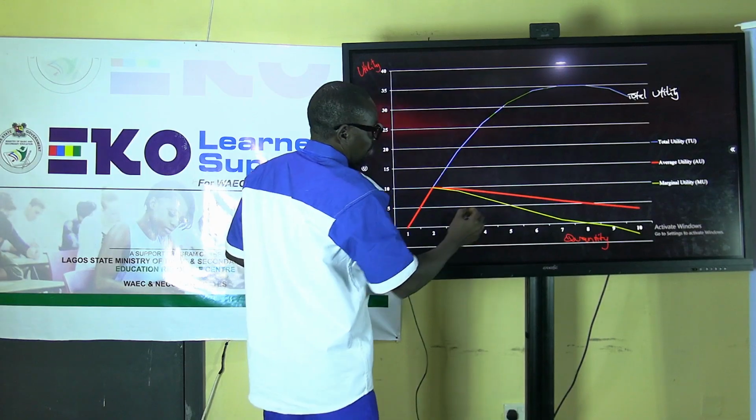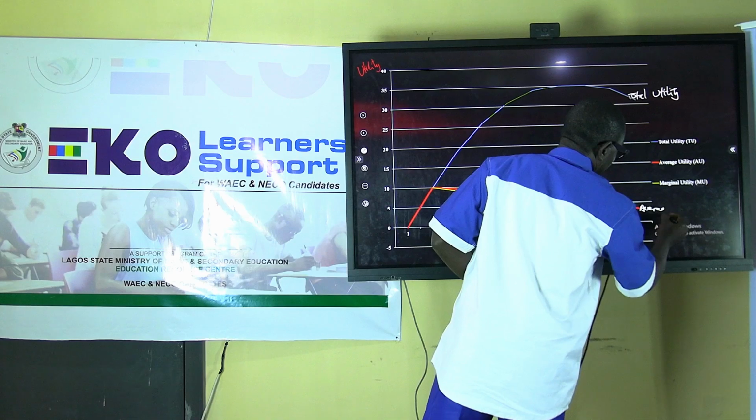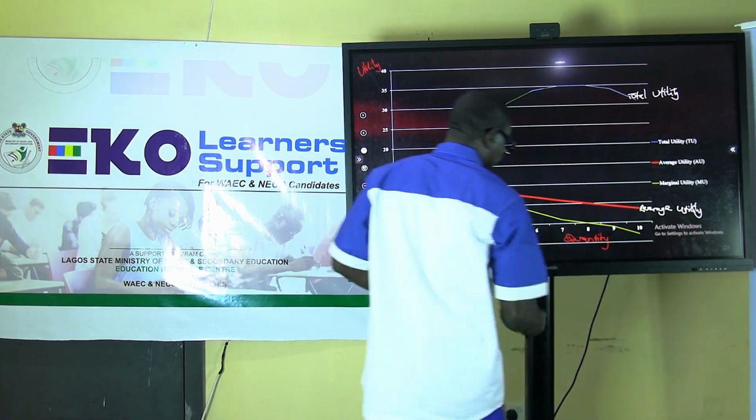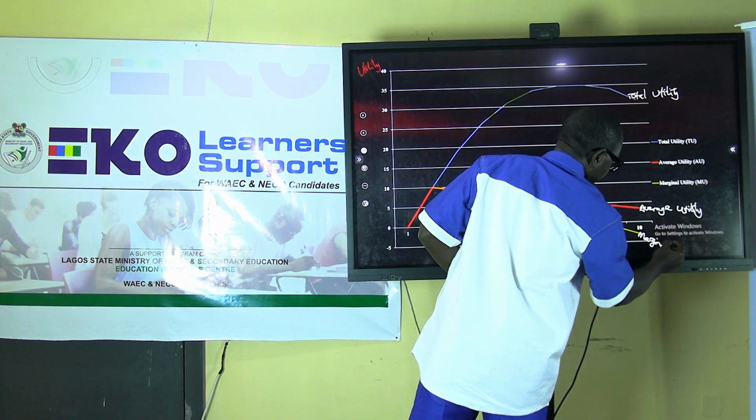The red curve represents average utility, and the yellow curve represents marginal utility.